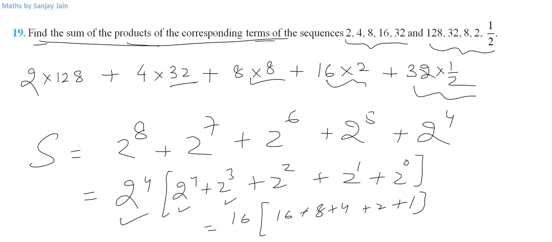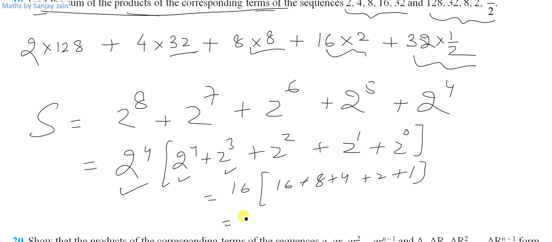So this is the sum. 16 into 3, 4, 7, 15, 31. Right? And how much is this? 480 plus 16, that is 496.